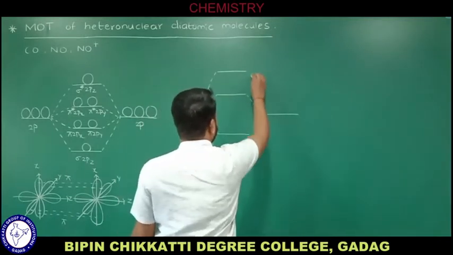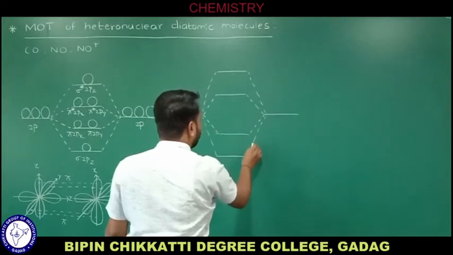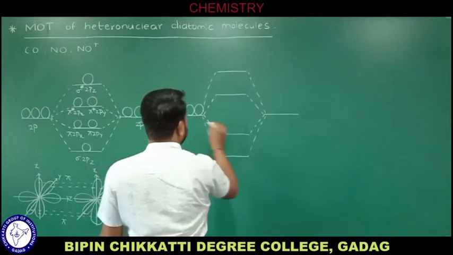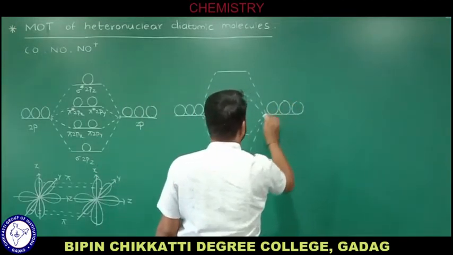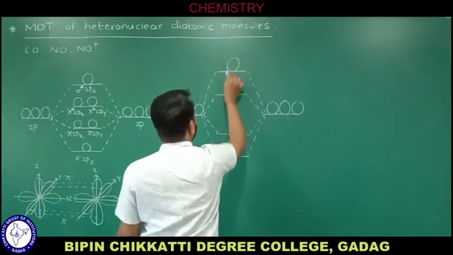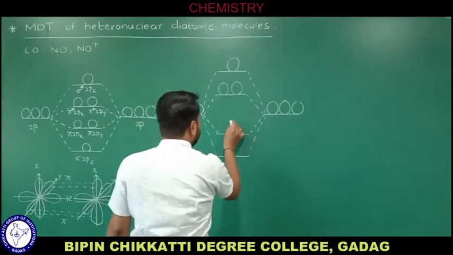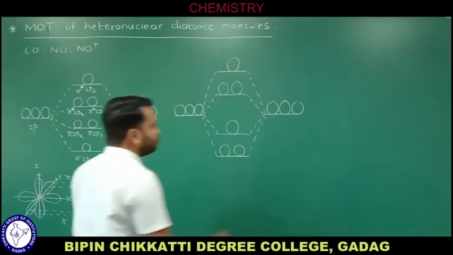Now let us assume this is the energy level diagram for a lighter element. We have 3 atomic orbitals here, and 3 atomic orbitals here also. The anti-bonding will be the same. So here we get 1, and here we get 2 molecular orbitals of identical energy. In the case of a lighter element, we get the bonding molecular orbitals in this fashion.